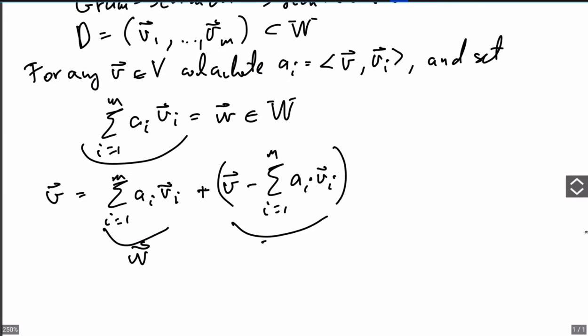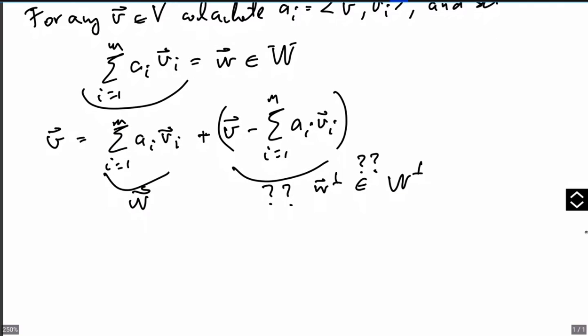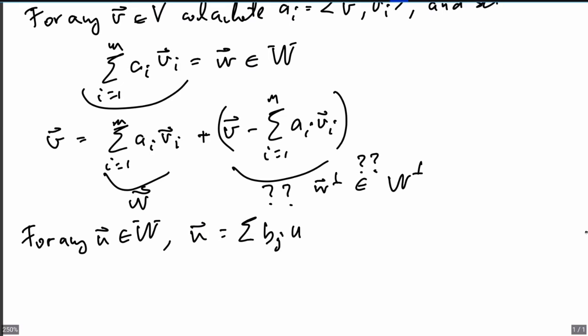The question is, what is this remaining vector? What we would like to see is that this is a perpendicular vector, which means it is in W perp. How do we see that? Well, we see that simply by taking the inner product of this vector with any vector u from W. This u vector can be written using the basis representation with these v_j, j going from 1 to m, where, as we saw before, in W we have D as an orthonormal basis, so the coefficients are the inner products of u with v_j.